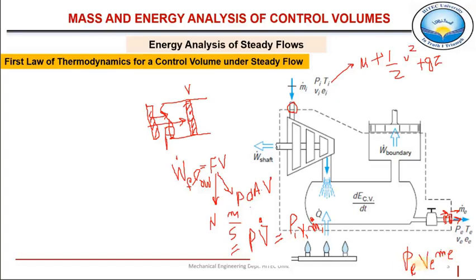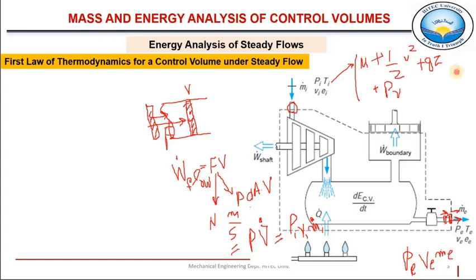So for per unit mass, we can say this flow work is P into small v, right? So we can write here that the energy of the mass consists of four parts: internal energy, kinetic energy, potential energy, and flow energy or pressure energy.